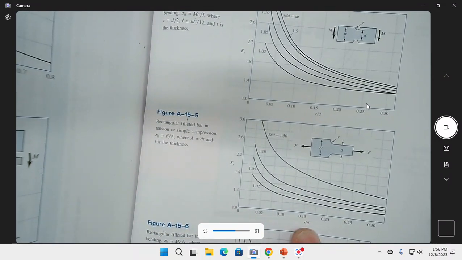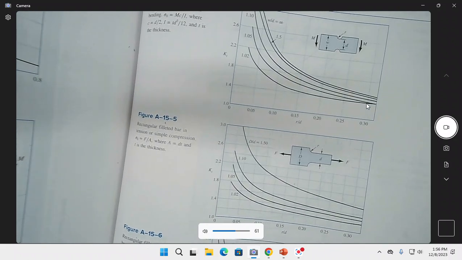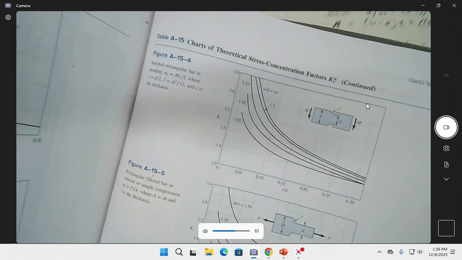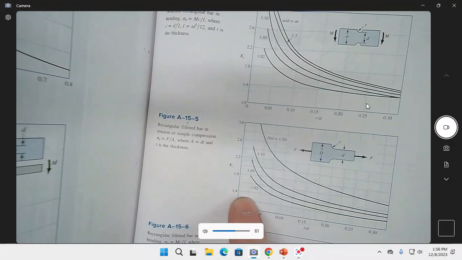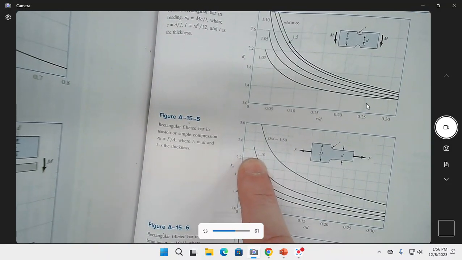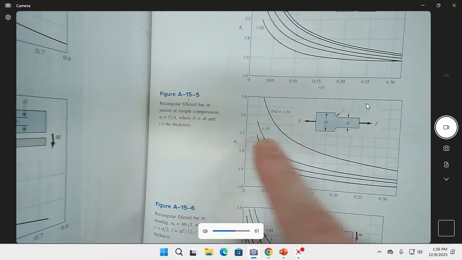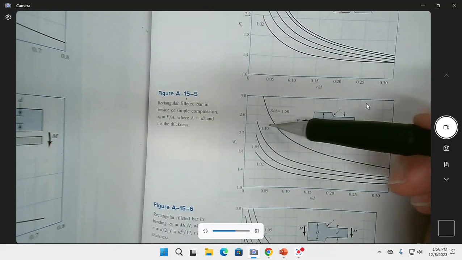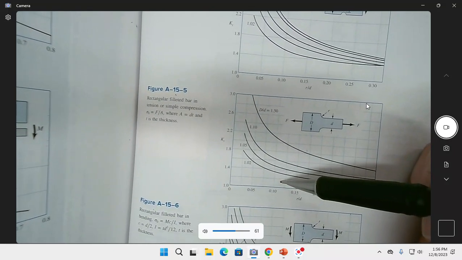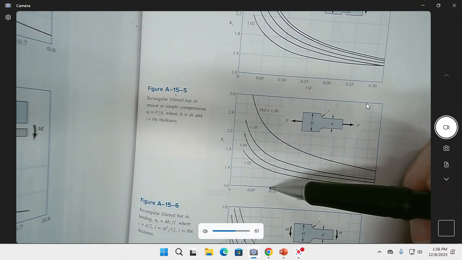All right, so we had, let me look at it again, 1.16. That's close to 1.1. So we're going to hug the 1.1, and then we had the 0.08. So here's 0.075.